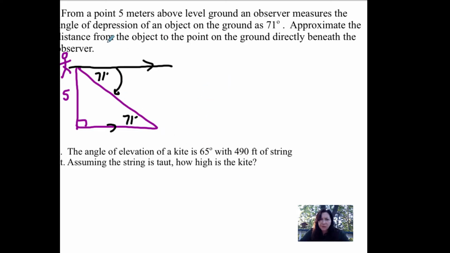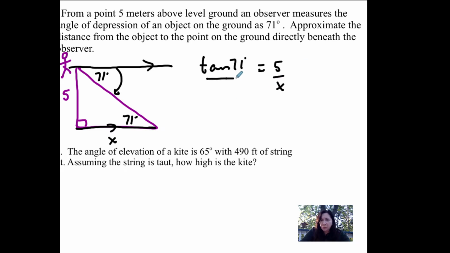Approximate the distance from the object to the point on the ground directly beneath the observer. So what they're looking for is the place from here to here, which is x. If you have a calculator, you would solve this. But if you don't, you're going to simply write tangent, because that's opposite over adjacent. So tangent of 71 is equal to 5 over x. And that would be my answer.